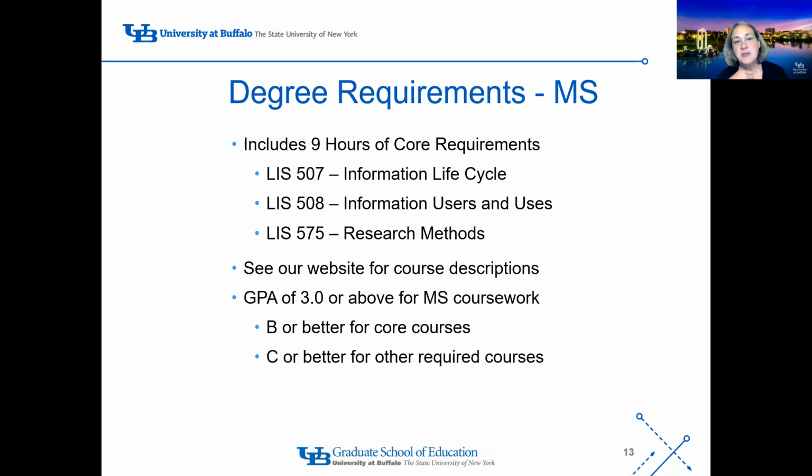You are required to get a B or better for your core courses and a C or better for the other required courses, although many of my students may be going through the state for certification, and we can talk more about that later. But the state does require a B- in graduate coursework. So if the state is going to be reviewing your coursework, you're going to want to make sure you get a B- or better, because that's what they require for graduate work.